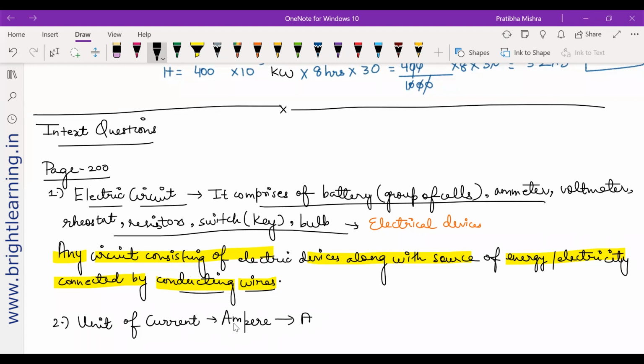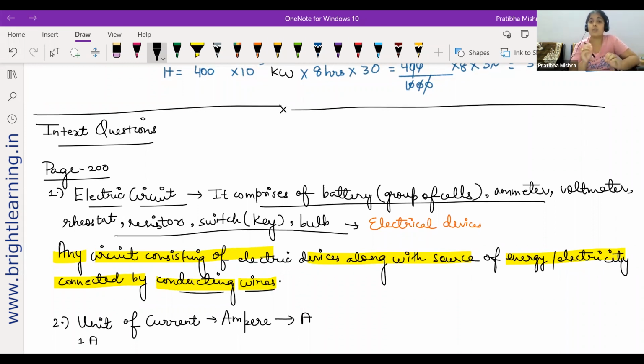Very good. So don't just write this. Write down what 1 ampere is equal to, whether it is for 2 marks or even for 1 mark. It's not that they won't give you marks if you just write ampere and leave it, but if you write professional answers, nobody can scratch out your answer, nobody will even try touching your marks.